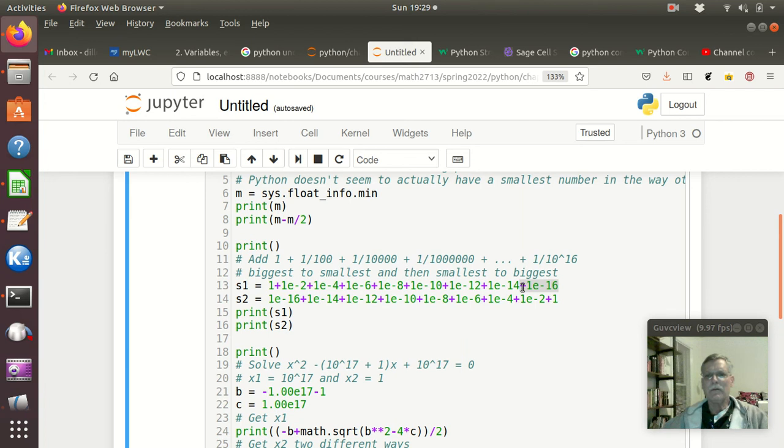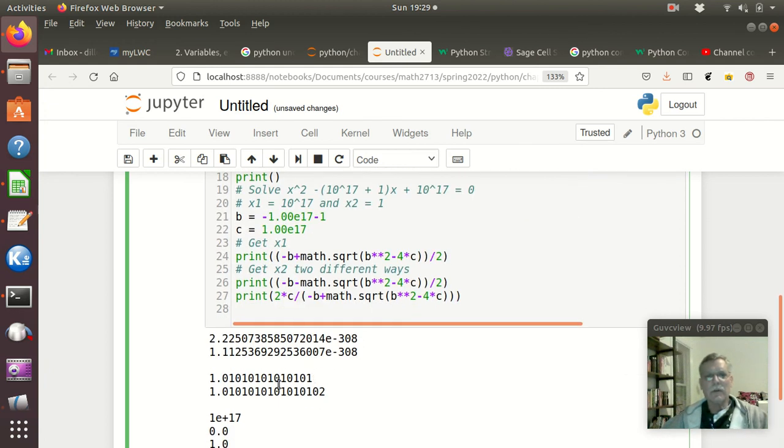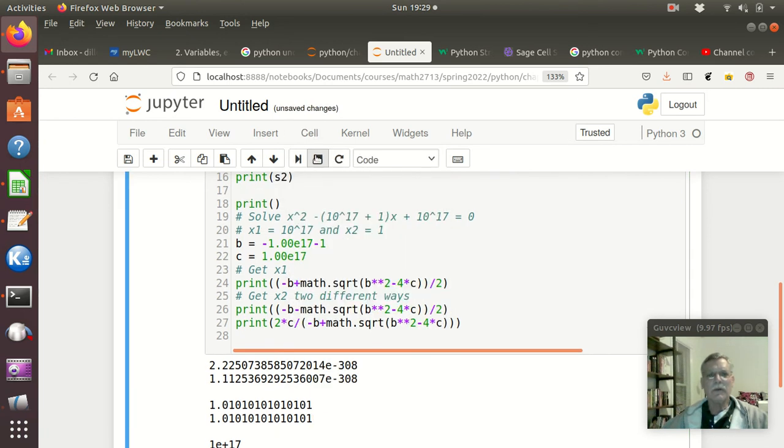So let's just check that, right? If I get rid of this, and I also get rid of this one. Now, look at the number here. It's alternating zeros and ones and ends in a 1 there, right under that set of 2 zeros. If I run those cells again, notice I get the same answer.